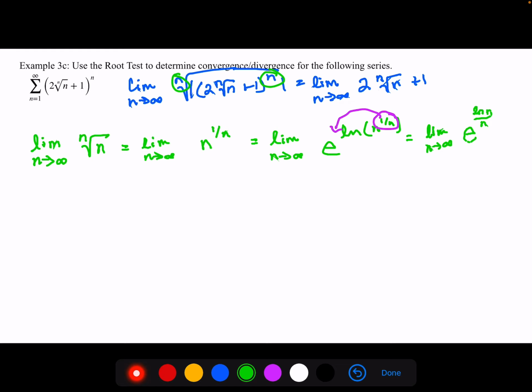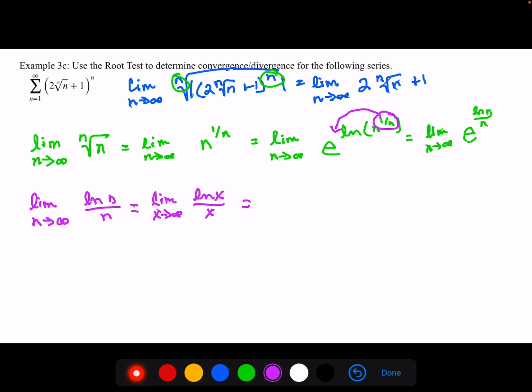So if we take another aside to evaluate the limit as n goes to infinity of the natural log of n over n, we can view this as an infinity over infinity indeterminate type. So we say that this is equal to the limit as x goes to infinity of the natural log of x over x, where we view the natural log of x and x as functions over the positive real numbers.